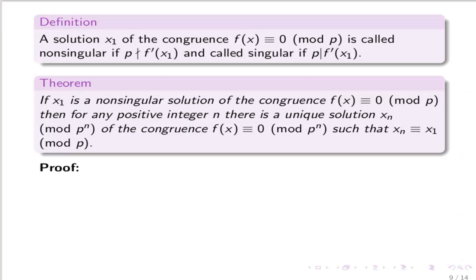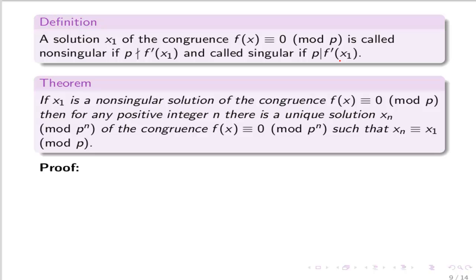Notice in this process we have a special case where p doesn't divide the derivative, and so we're going to call these non-singular solutions. So a solution of the mod p congruence is called non-singular if p is not a divisor of the first derivative, and it's called singular if p divides the first derivative. Non-singular solutions are very friendly because they always allow unique liftings at every step of the game.